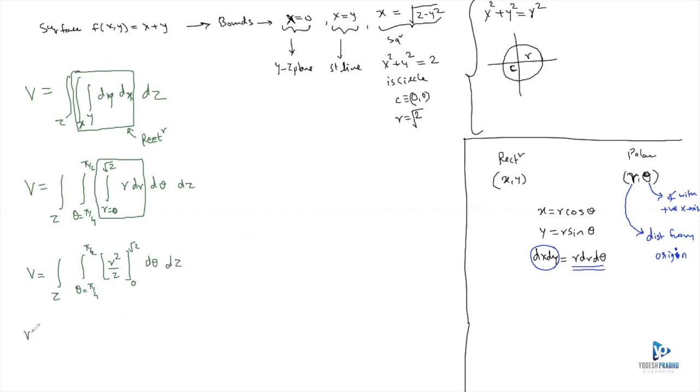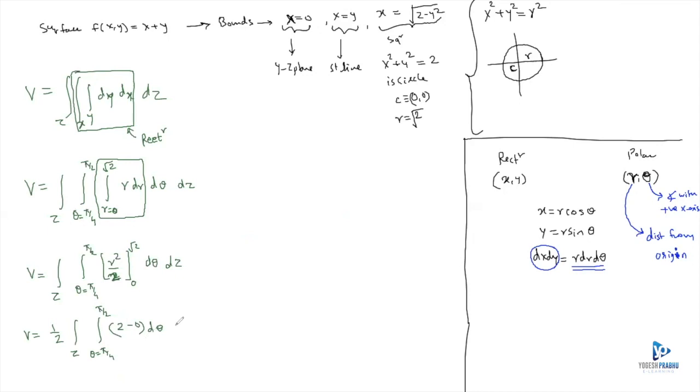V equals 1 over 2, that half, the 2 I'll take it out, integral z, theta from pi over 4 to pi over 2, 2 minus 0. Is that correct? Yes.